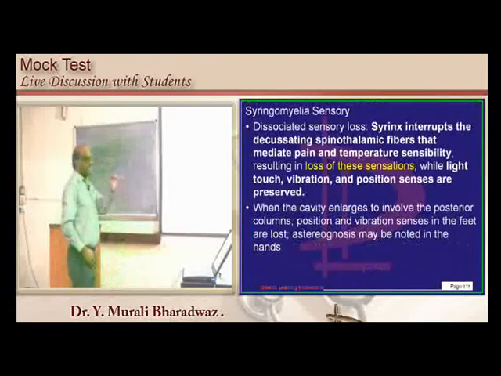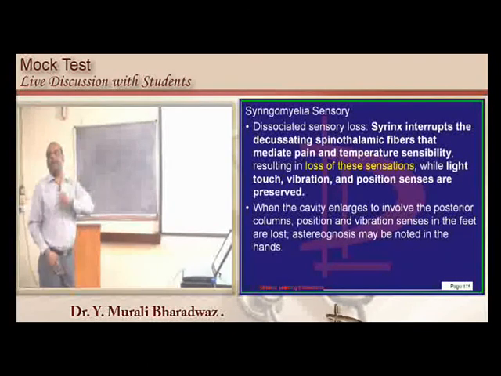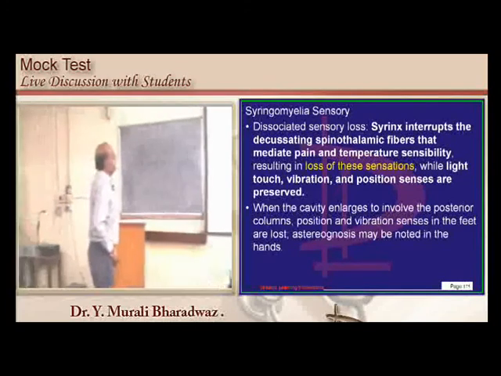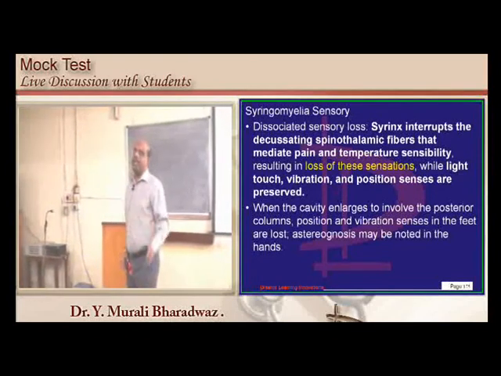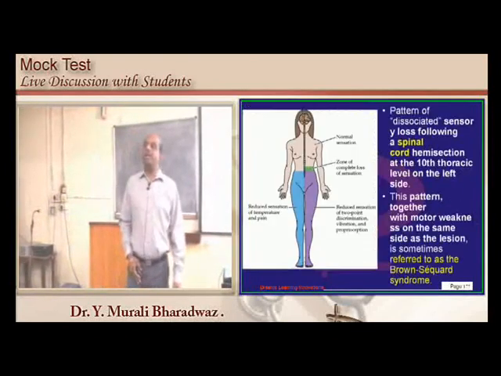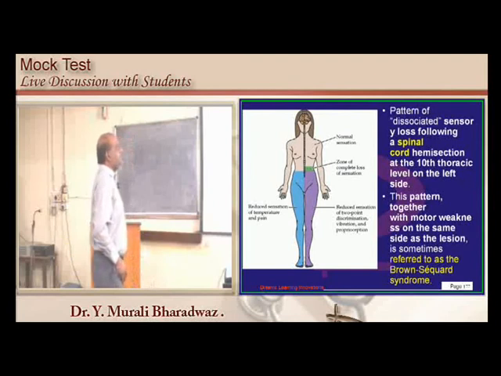So the syrinx, which is a distension in the central canal, interrupts the decussating spinothalamic fibers without affecting the light touch and vibration, which is preserved, which is called as the dissociated sensory loss. Tell me one more scenario. Brown-Séquard syndrome, hemisection of the spinal cord, is also another example of a dissociated sensory loss. In this, what will happen?